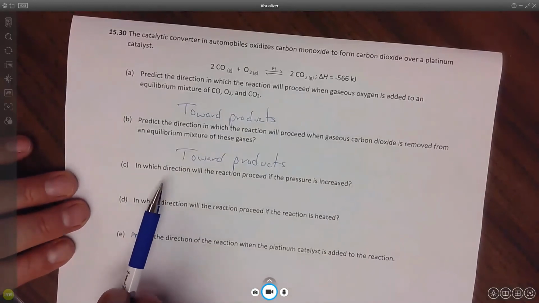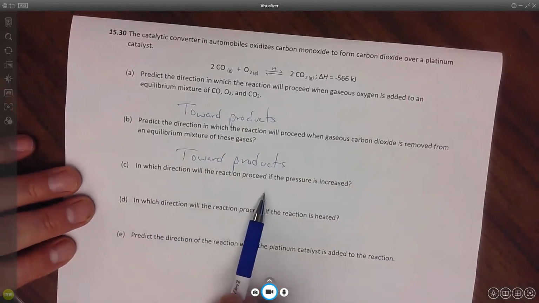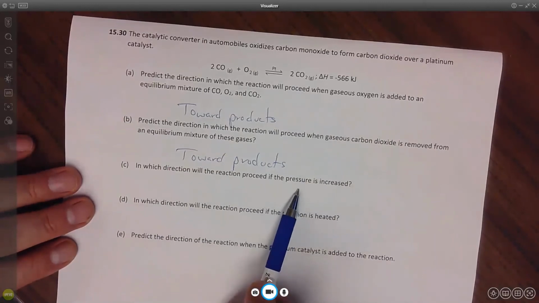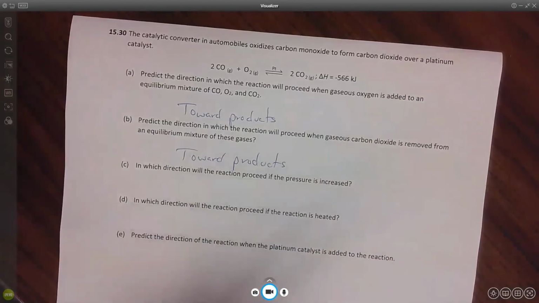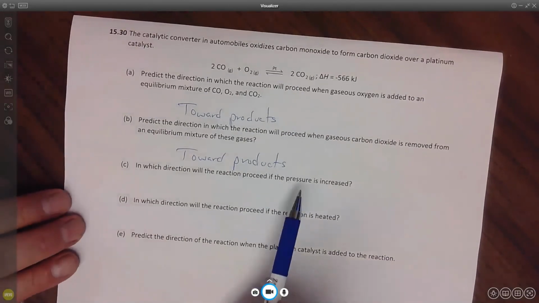Okay, Kaylee, in which direction is the reaction going to proceed if I increase the pressure? So I could do that in a bunch of ways, right? I can squeeze the volume down, or I can add an inert gas. So what's going to happen if I increase the pressure?